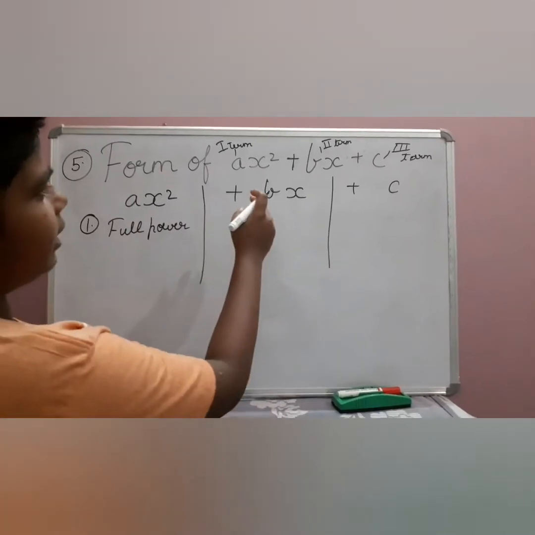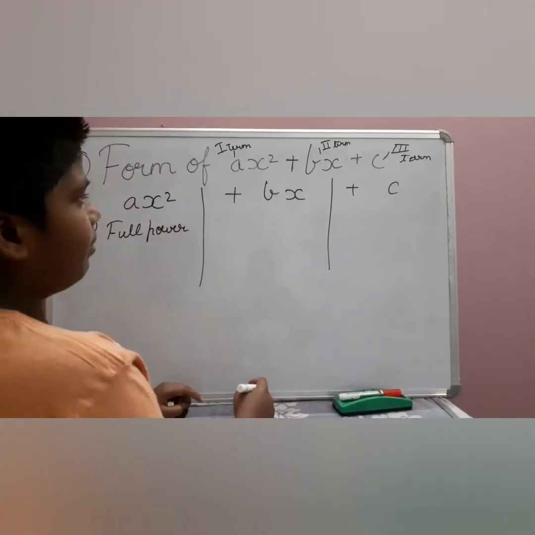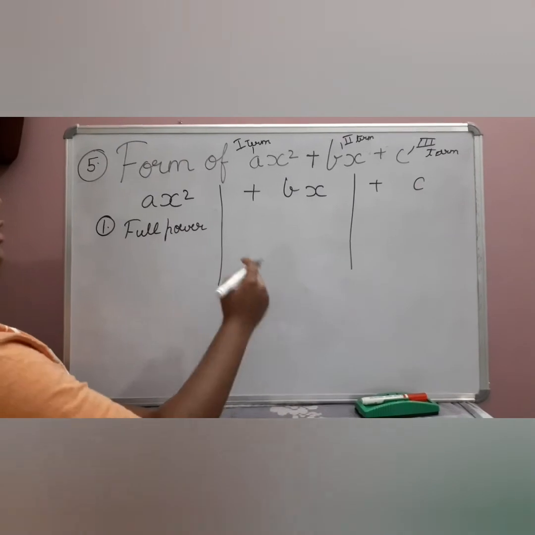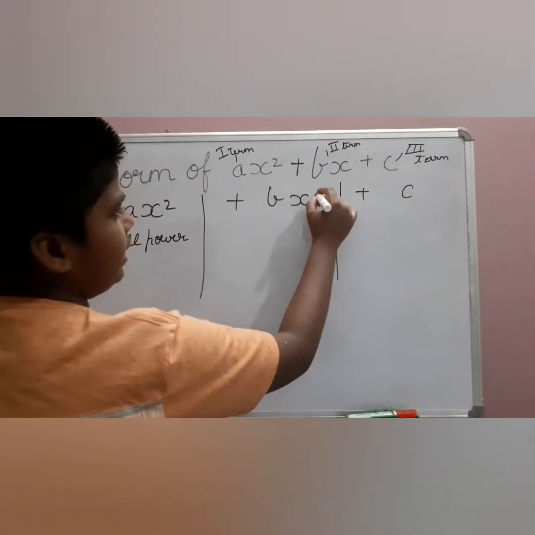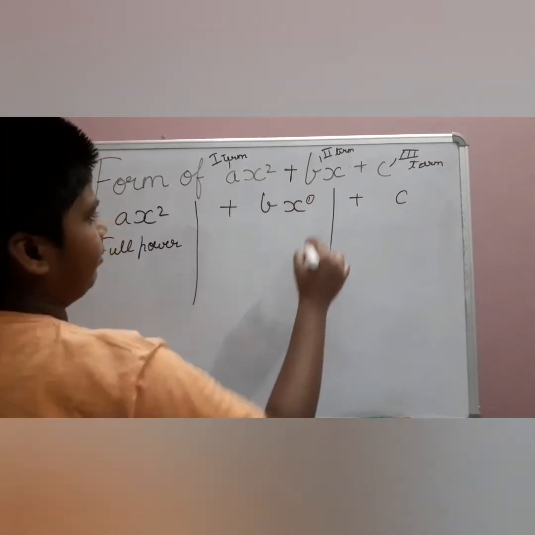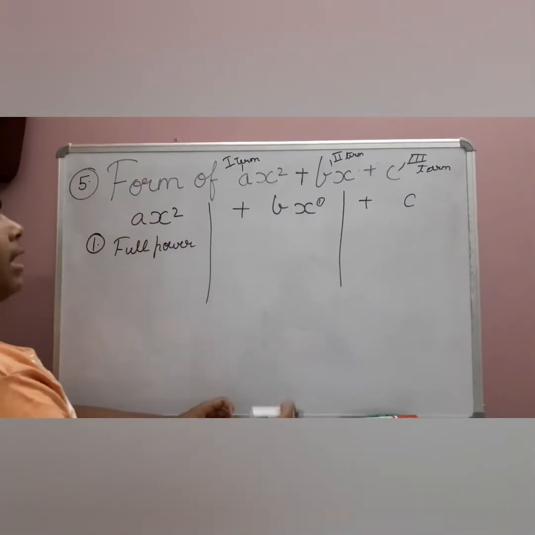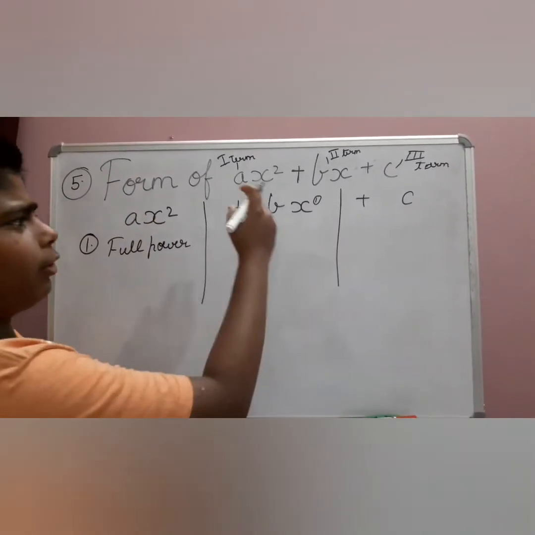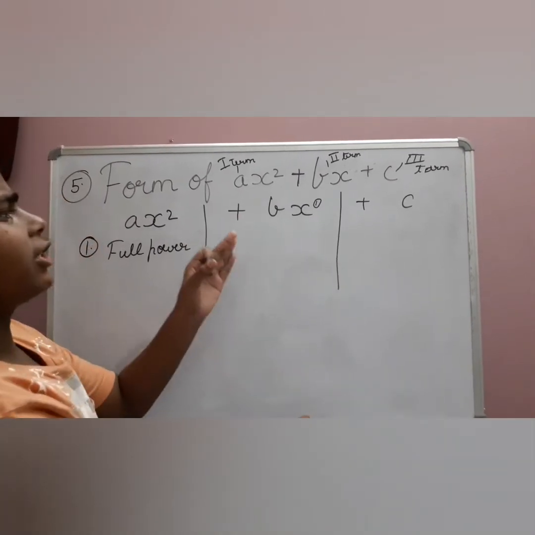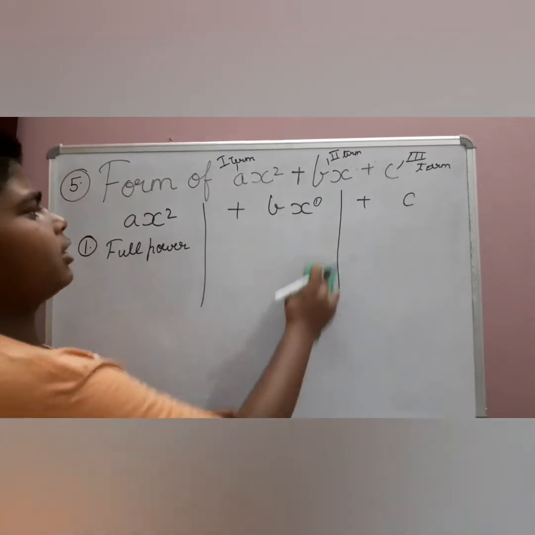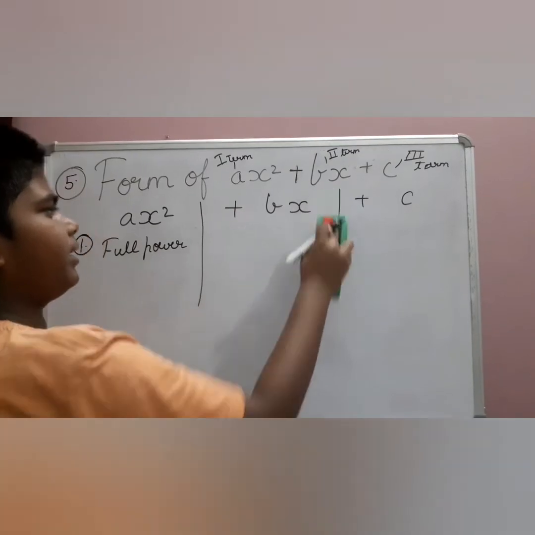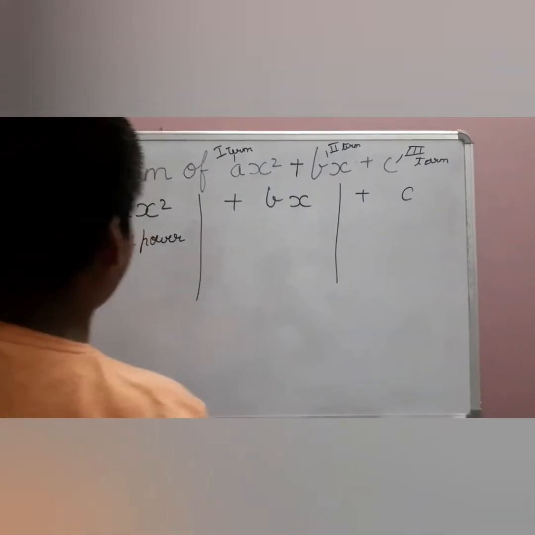And in the second term also the variable is same, but the power gets half. How does it get half? We can write it bx raised to the power 1. Because half of 2 is 1, x raised to the power 1 means x, so that's why we don't write the 1 power.